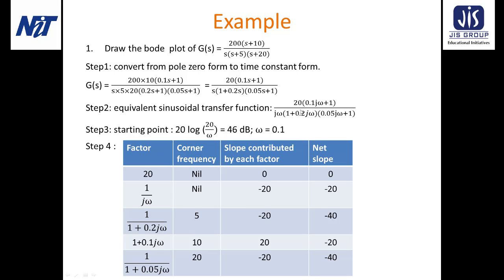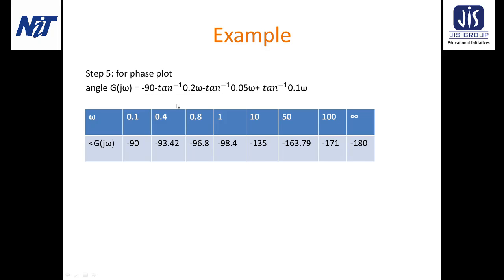For this one minus of tan inverse 0.2 omega, and here minus of tan inverse 0.05 omega. So that is written here: minus 90 minus tan inverse 0.2 omega minus tan inverse 0.05 omega plus tan inverse of 0.1 omega. Now we will vary the value of omega from 0.1 to infinity.